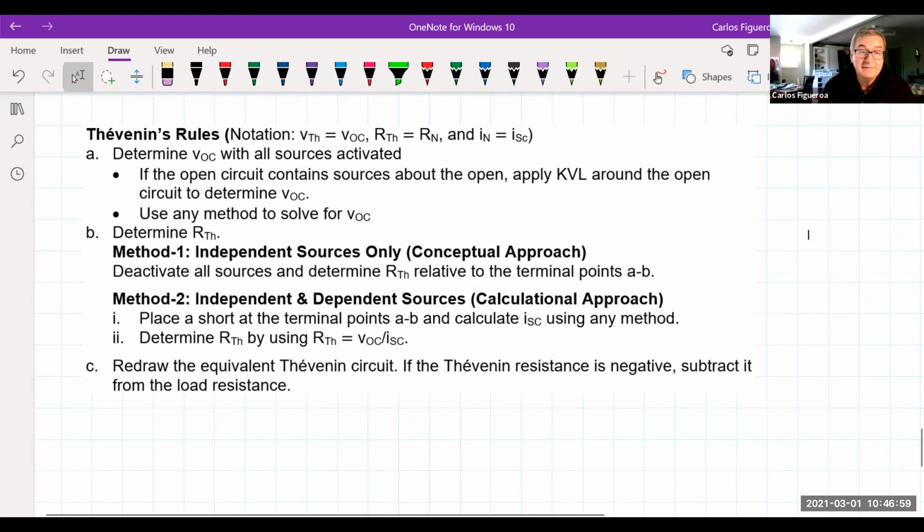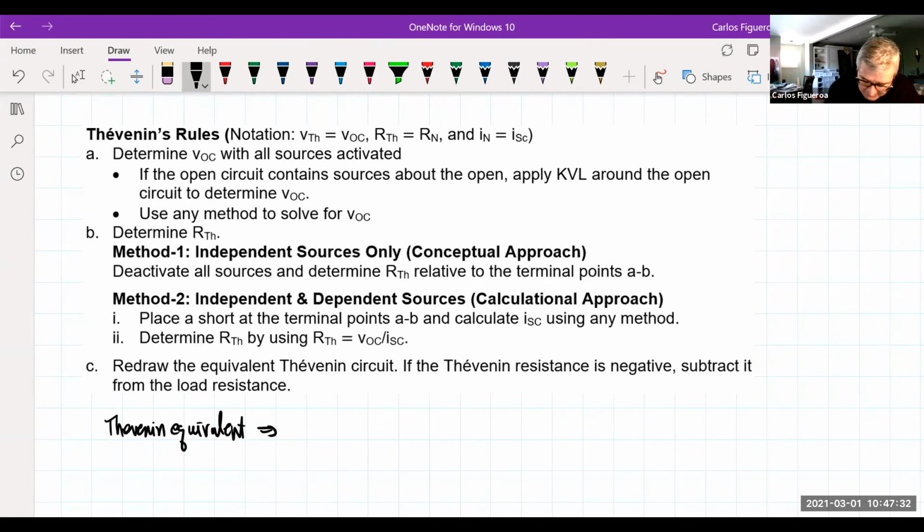So what's the idea here? The idea is that we want to apply Thevenin equivalent rules to understand what is going on. The rule goes like this. If you have a Thevenin equivalent, that implies that you need VTH and RTH.